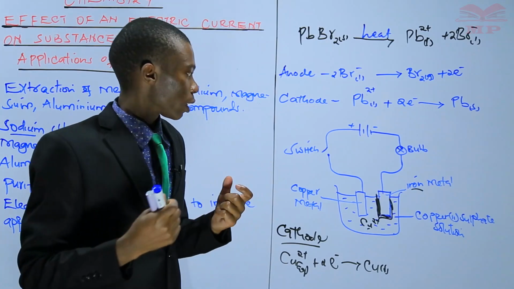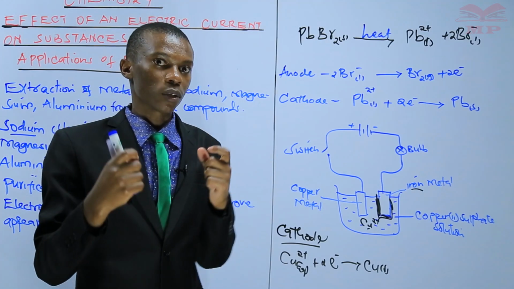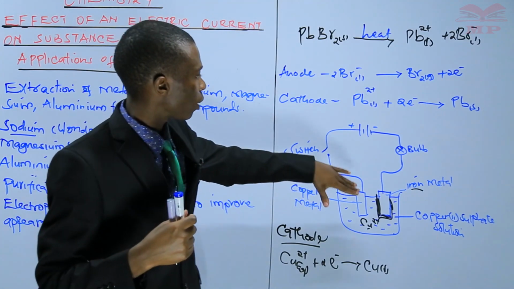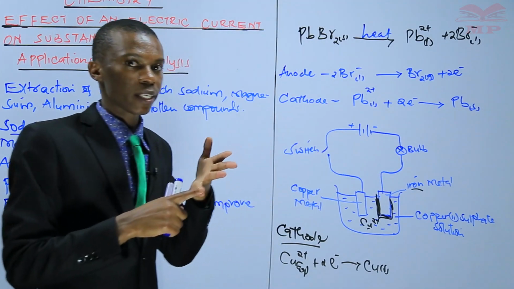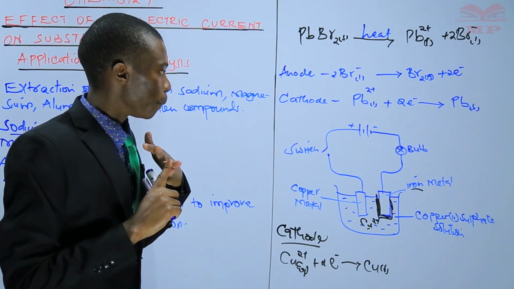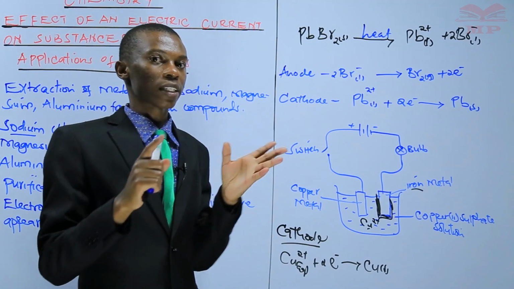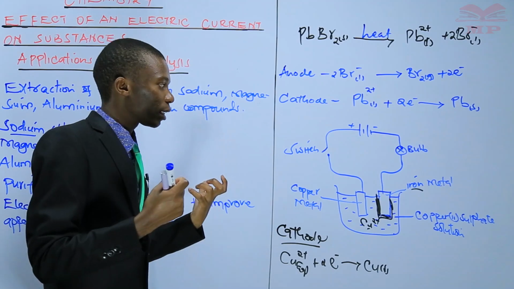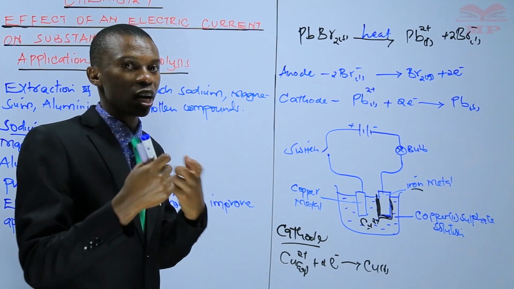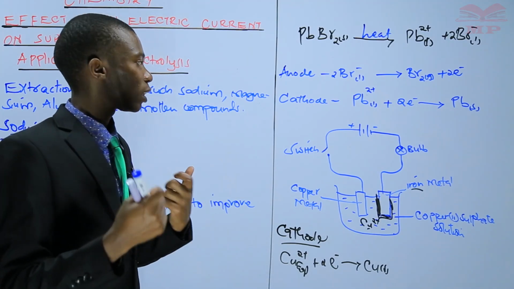And second is to prevent corrosion. Iron is prone to reaction with atmospheric oxygen and moisture, and it will rust. Then when it rusts, it looks burnt, and it may not last for a longer time.